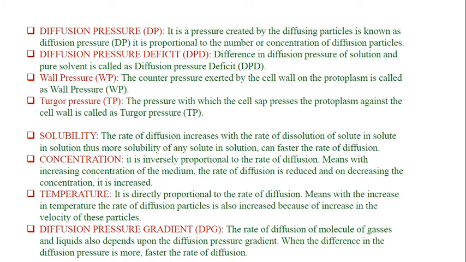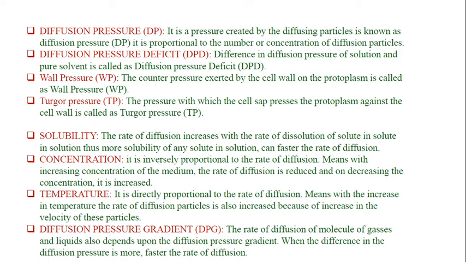Wall pressure. The counter pressure exerted by the cell wall on the protoplasm is called wall pressure. What is meant by this? When the adjacent cell possesses a higher concentration of protoplasm, whatever is holding that protoplasm can create a pressure on another cell wall, that is called wall pressure.